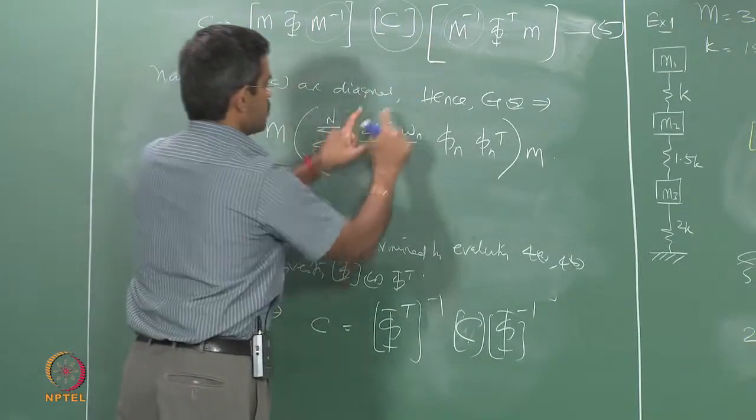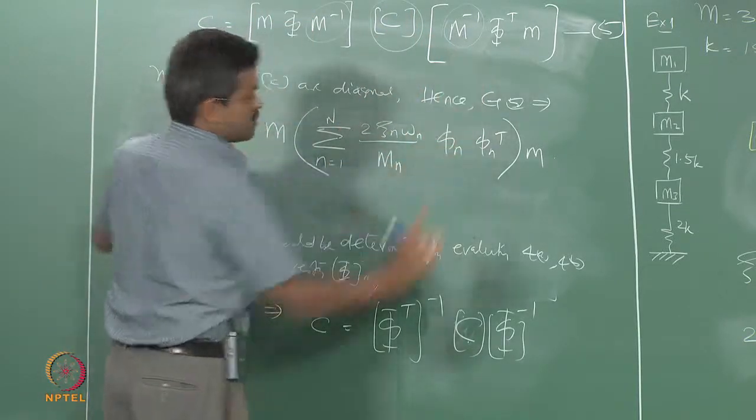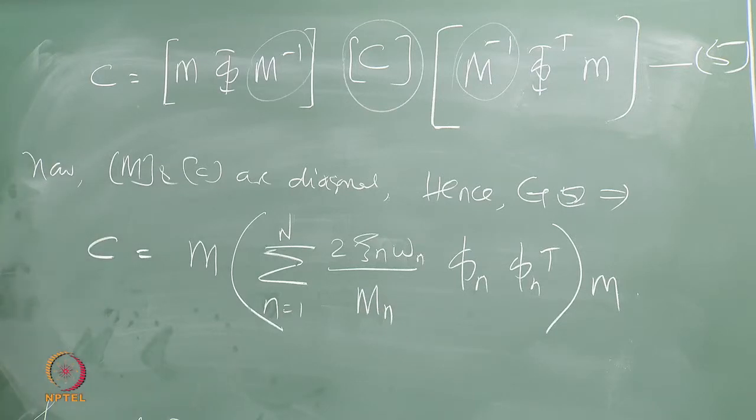This gets set up to this particular value and you get phi n and phi transpose. Equation 6.